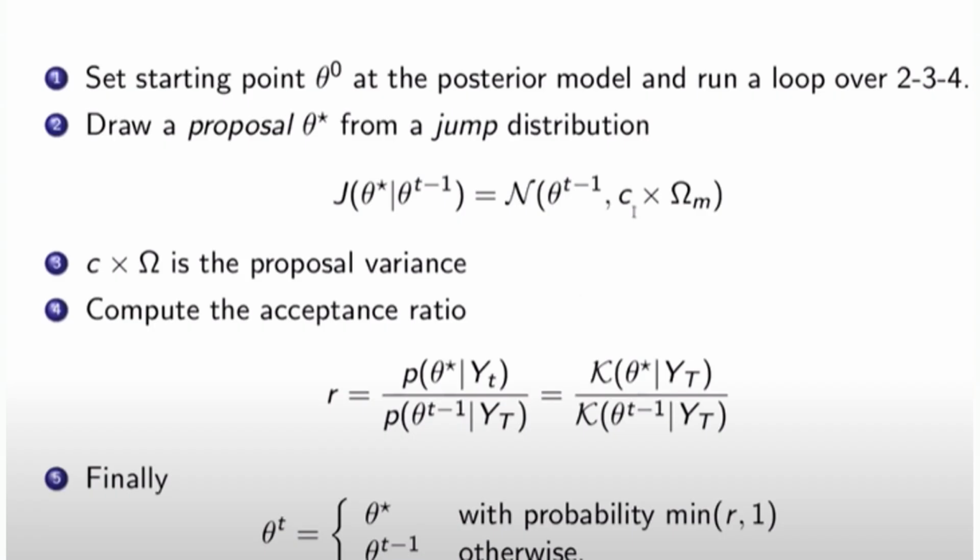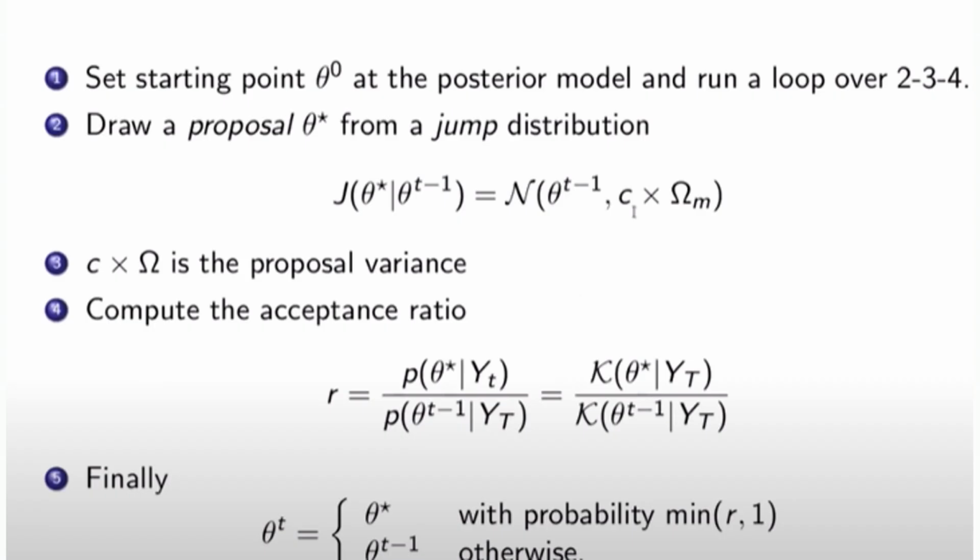Once we have this proposed point, theta star, we compute the acceptance ratio, which is the ratio between the posterior density of the new point, theta star, and the posterior density of the previous point, theta t minus 1. Because we don't need the denominator of the formula for the posterior, we can just compute the ratio of the posterior at theta star and theta t minus 1.